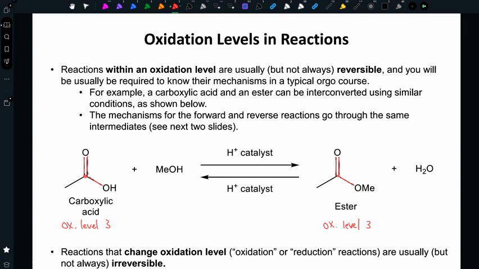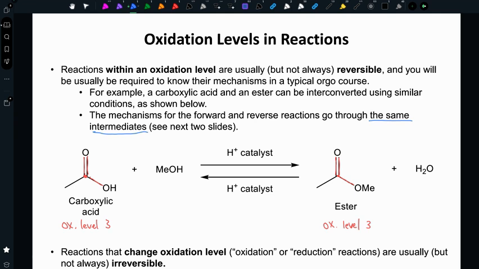Most often, what's interesting and useful about these is that once you've identified that you're staying within the same oxidation level, you can think about the forward and reverse reactions, and they generally go through the exact same intermediates. Meaning, if you can draw the forward reaction and you can identify what the different intermediates are along that pathway, then for the reverse reaction, you'll see the exact same intermediates.